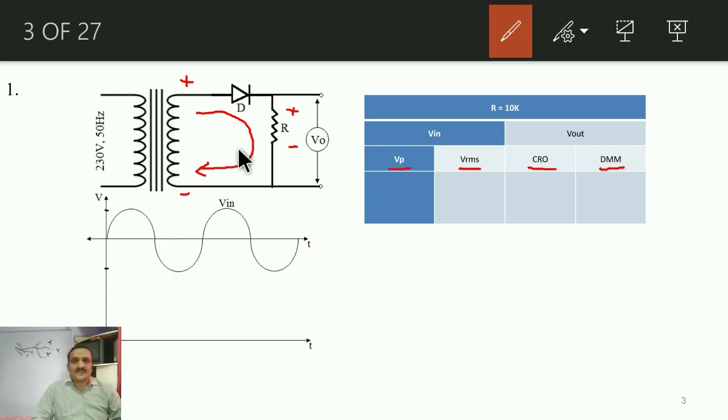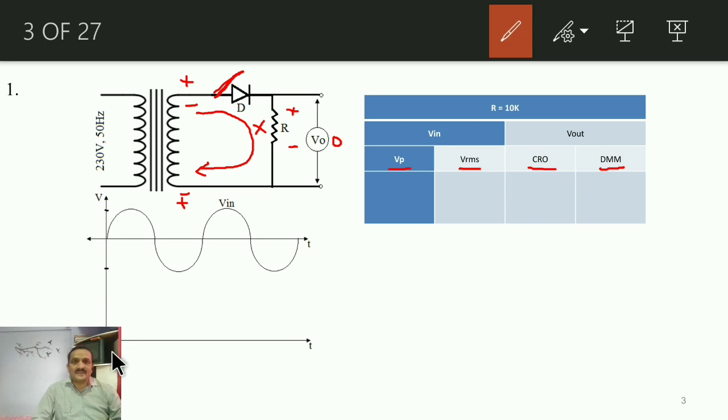Now during the positive half, the diode will conduct, and there will be some non-zero output voltage. Now during the negative half of input, the polarity will get reversed, this terminal will become negative, this one will become positive, and the diode will become reverse biased. As we know, when a diode is in reverse bias condition, it acts as an open circuit, so there will be no flow of current through this path, and that's why the output voltage will be zero in this case, is it?